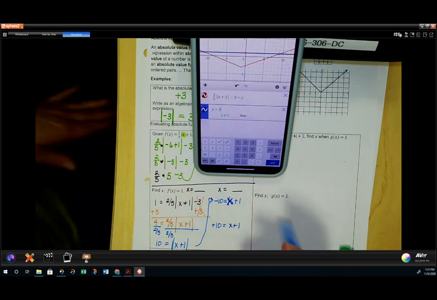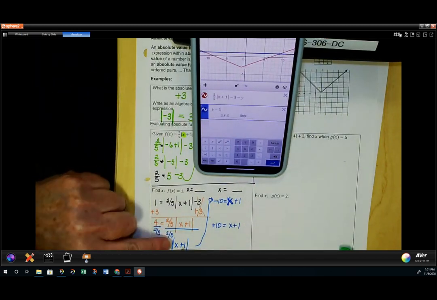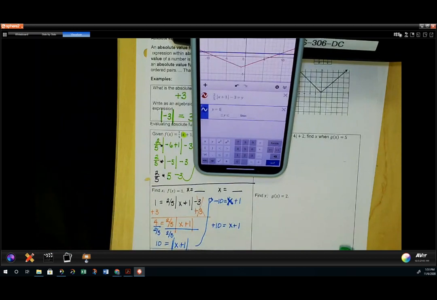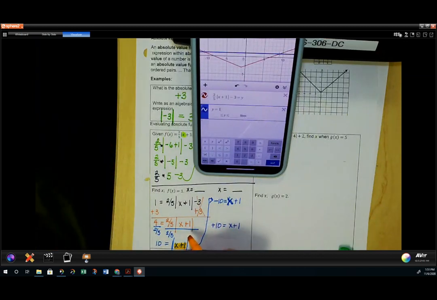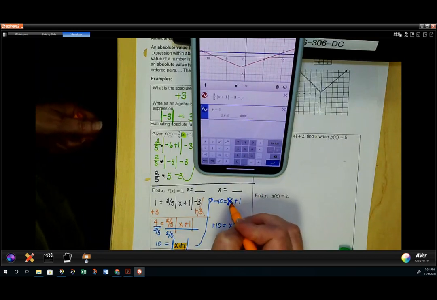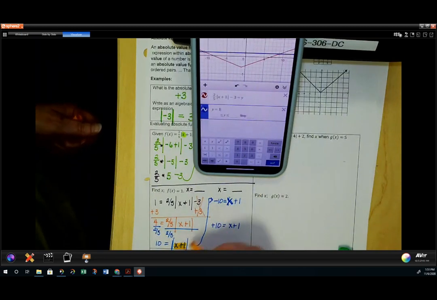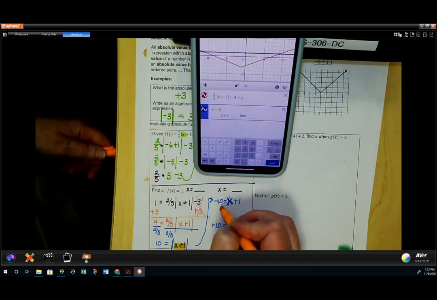The reason is that inside this absolute value, I could walk 10 steps forward, which is positive 10, or 10 steps backwards, which is -10.